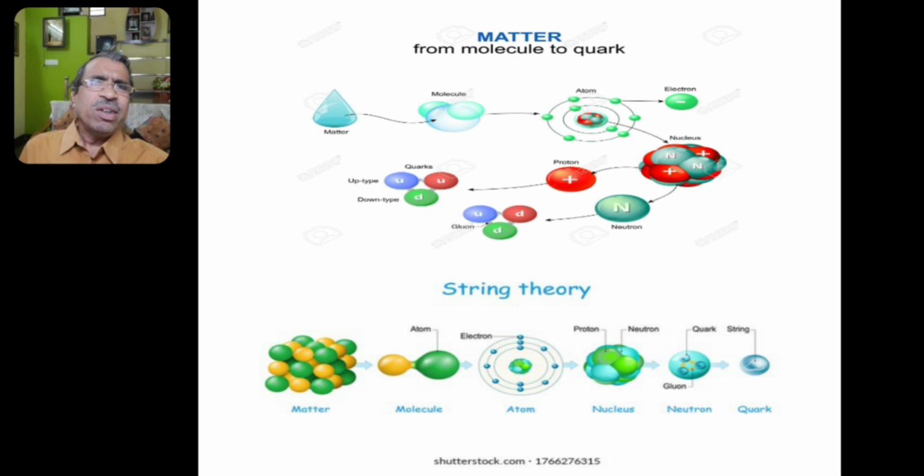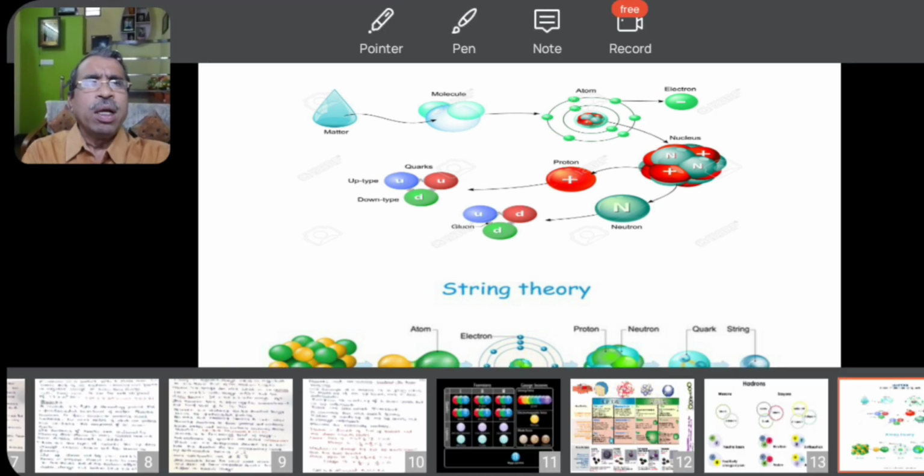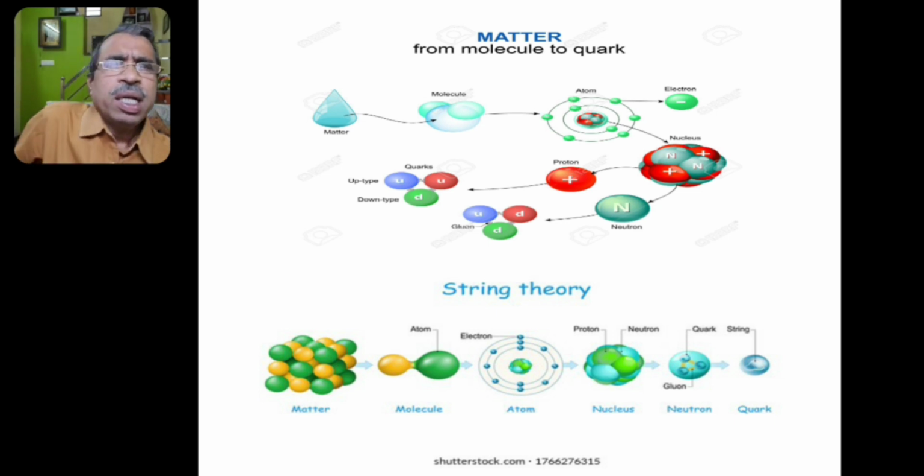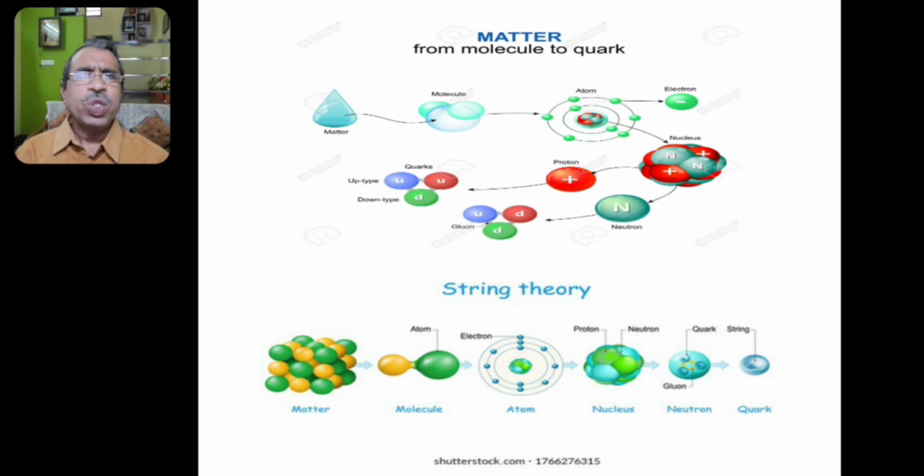This is the slide I have explained just now. In this slide, I have shown the matter. This matter contains the fundamental particles and the molecules, and molecules contain the atoms.